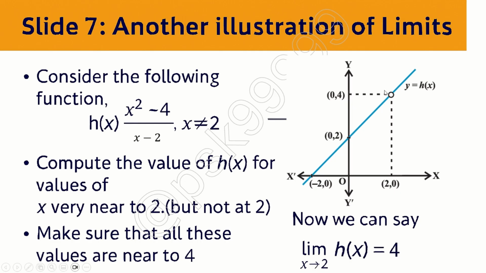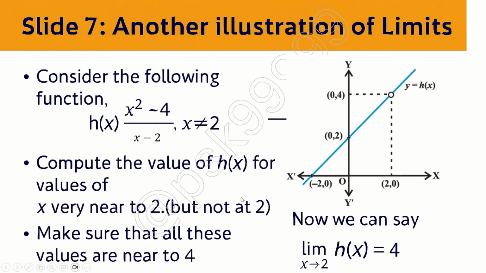From the RHS side also, as x is tending to 2, you are approaching towards 4, right? Since both sides are coming and matching at the same point, we can tell limit x tends to 2, h of x equal to 4. So this is the understanding of limits.